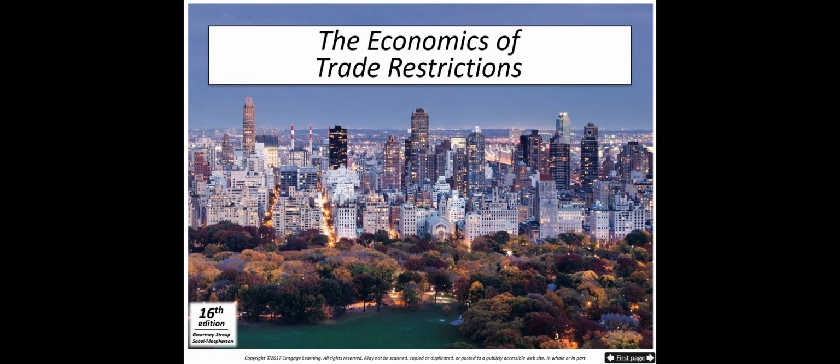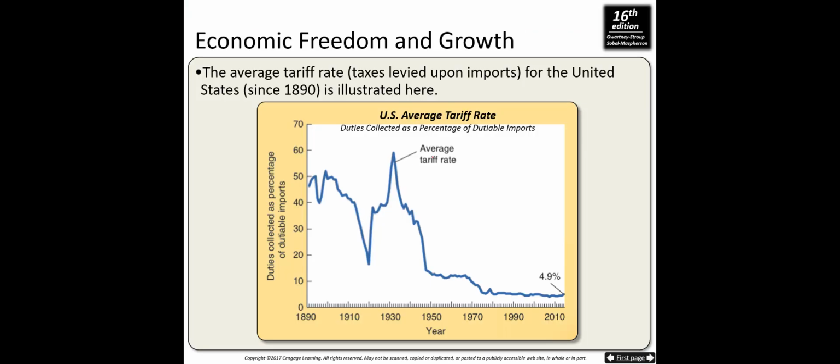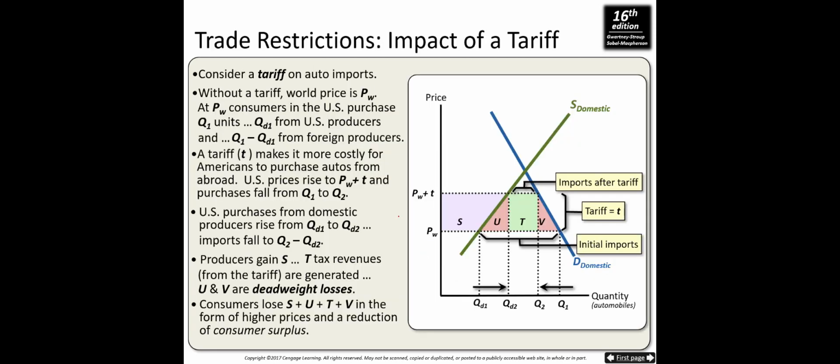Now let's talk about the economics of trade restrictions. So when we look at the US economy, the tariffs, which are the taxes levied upon imports for the United States, are declining. They were very high before the 1950s and are now around 4.9%. Now let's talk about a tariff on auto imports.